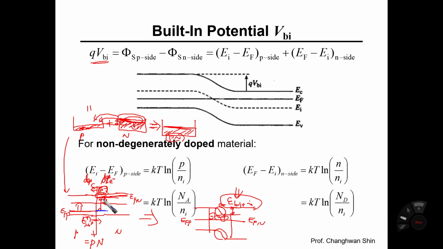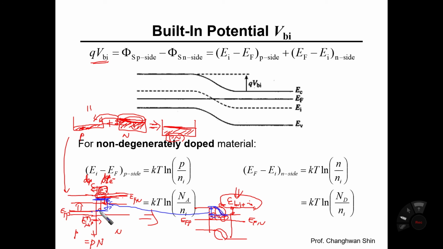Yes, this. Originally, there is a Fermi energy level difference. So this Fermi energy level difference would induce the band bending. So this band bending is the energy difference that is well matched to how far apart the original Fermi energy levels are from each other.